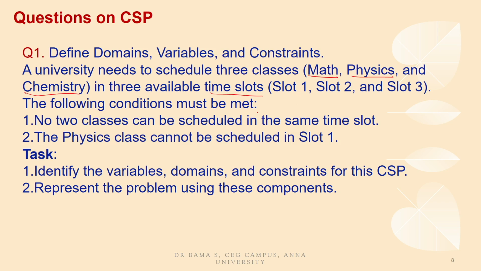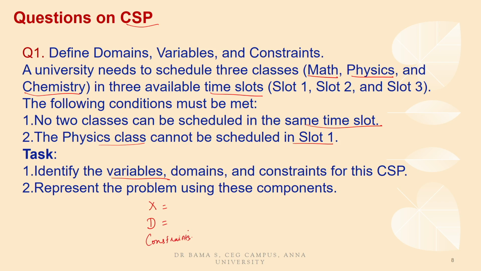The following conditions must be met. No 2 classes can be scheduled in the same time slot. Second, the physics class cannot be scheduled in slot 1. So, for CSP, we have to identify the variables which is X, the domains which is D, and the constraints.